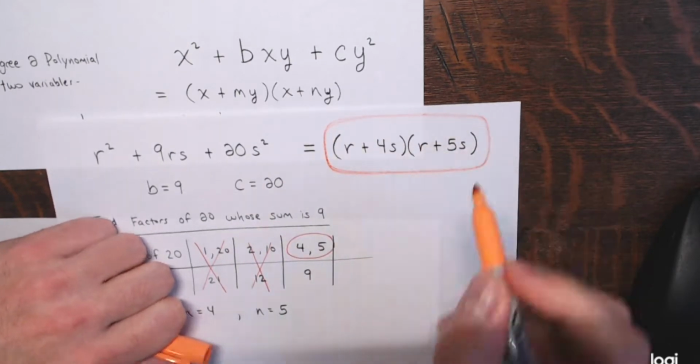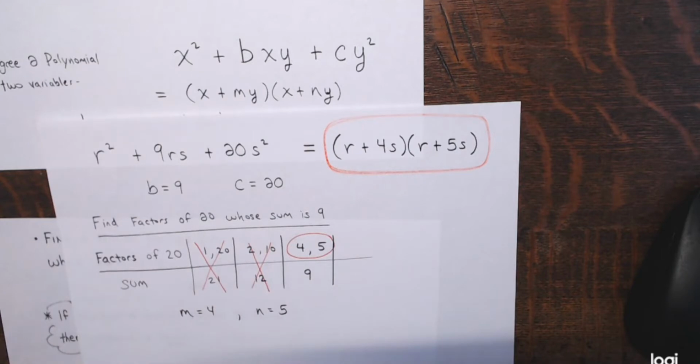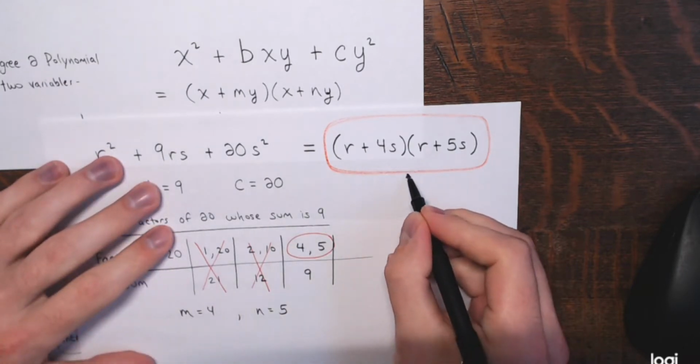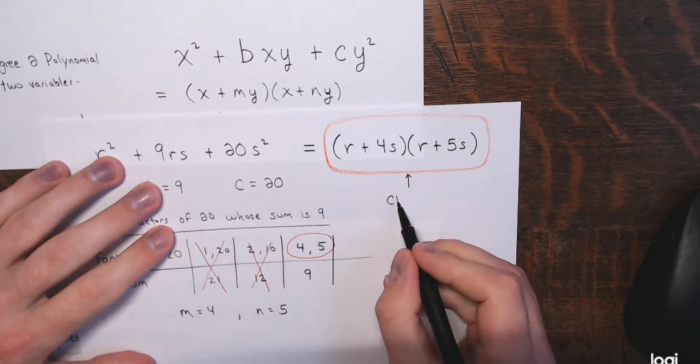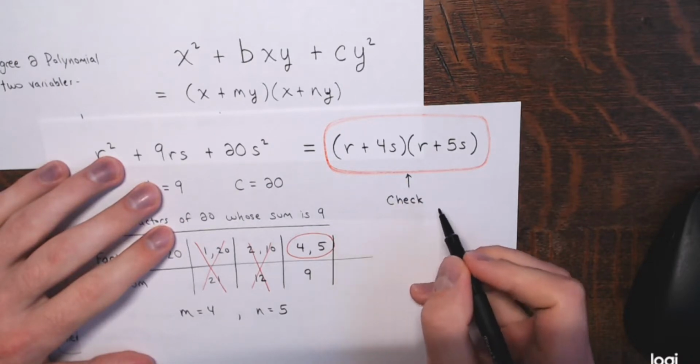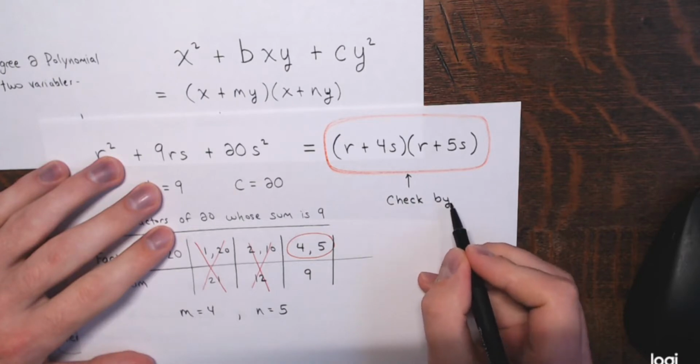And that marker is getting pretty faint. Now, if you want to check your work, I mentioned this in section 7.1's assignment. The way you check if your factoring is correct is by multiplying.